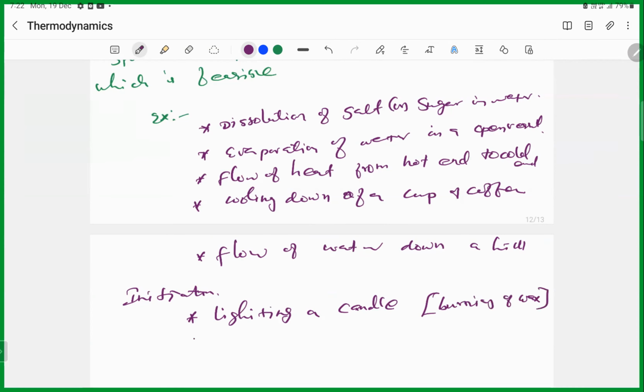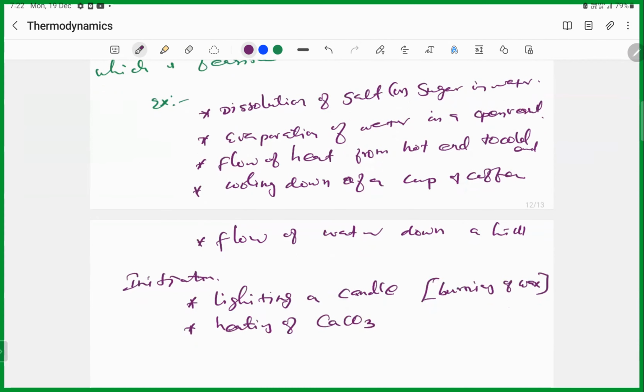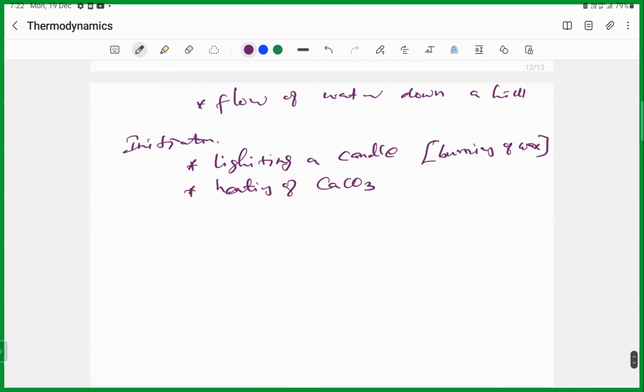And then heating of calcium carbonate to give calcium oxide and carbon dioxide. And combination of hydrogen and oxygen to form water, initiated by an electric spark. These are processes which can take place.